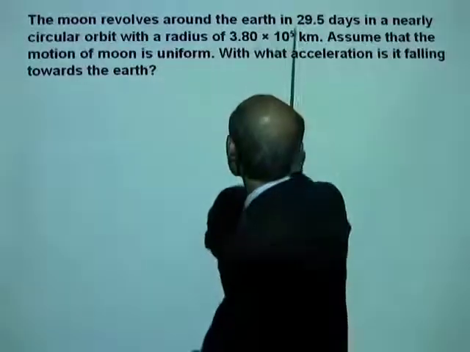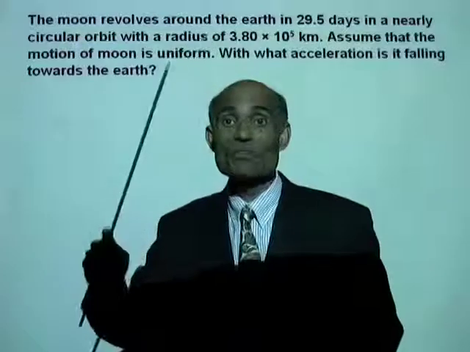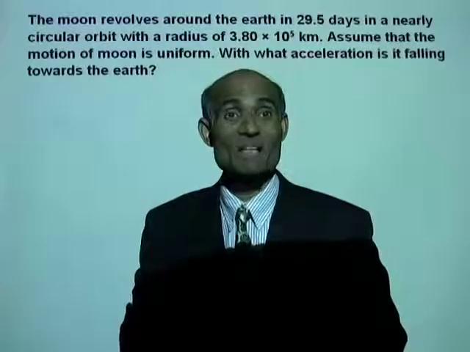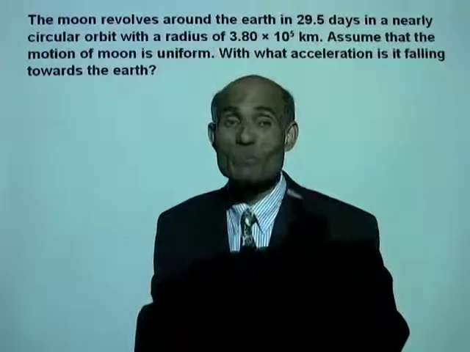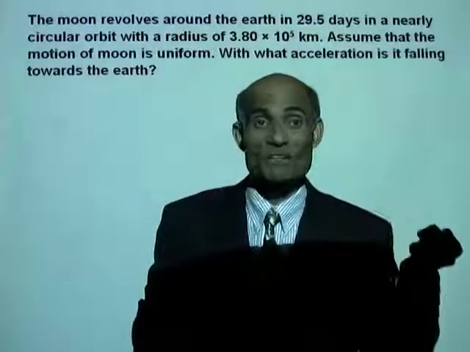We only know the period. Well, the time taken for one revolution is 29.5 days. We know the period. If we know the period, can you use that to find a useful value?